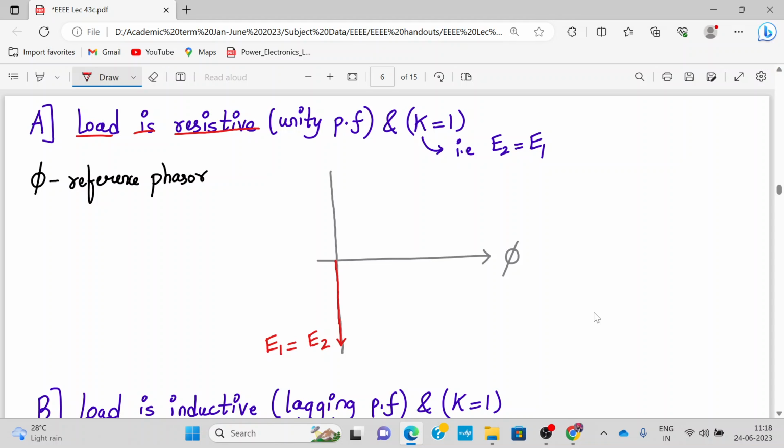E1 is basically minus V1. So here minus V1 can be drawn like this. So this is my V1. All right, clear?